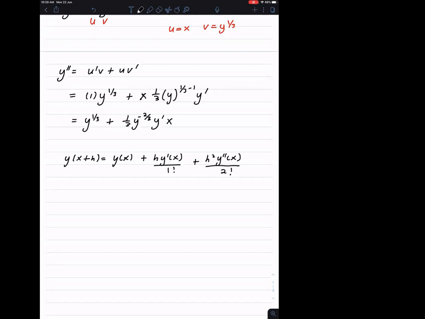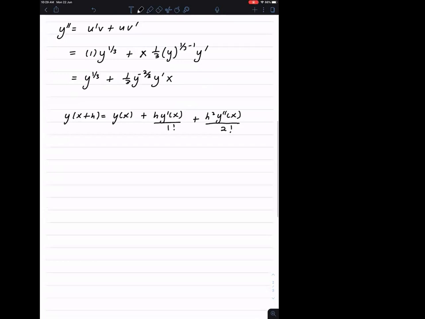First three terms. y of x naught plus h. I'm just doing this here in detail. Maybe you don't have to write this much if you really know what you're doing.